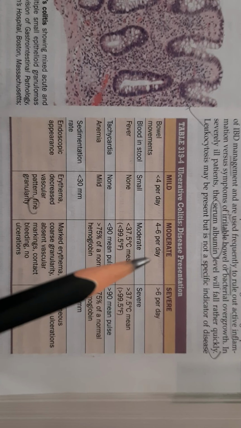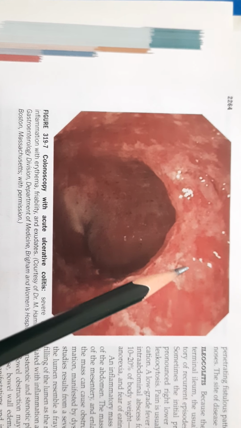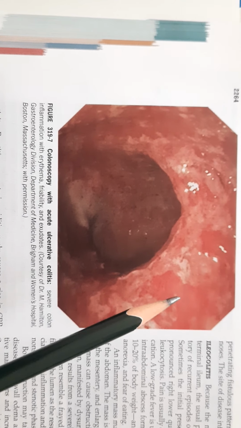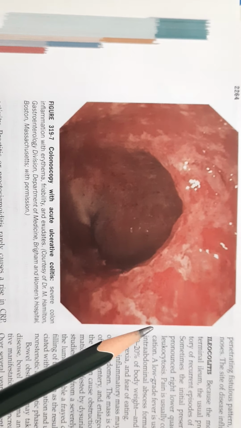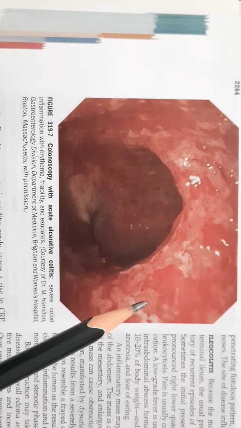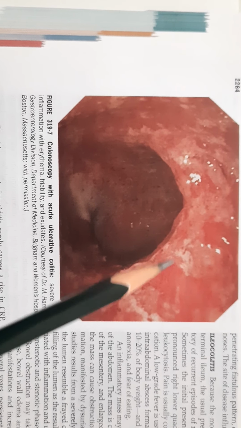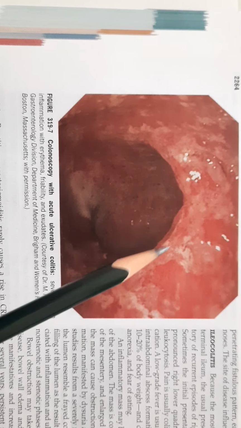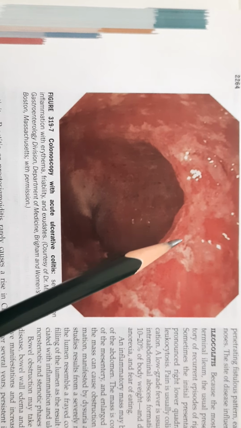As you can see, the erythema is so much, and the tissues are friable, and this will bleed on touch. Severe colonic inflammation, as you can see; all this red part is erythema. Friability and exudate: these white marks are exudate, meaning the inflammatory material which is collected here, and this is the lumen of the gut, the colon.